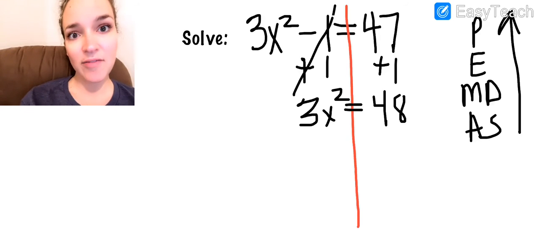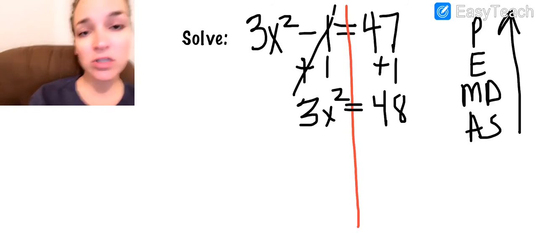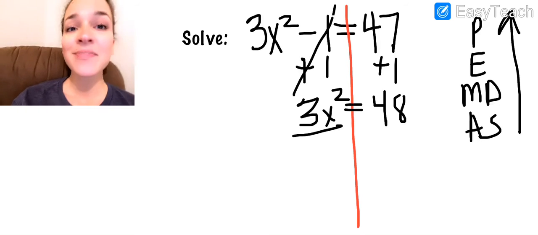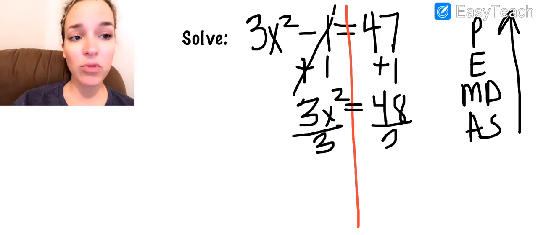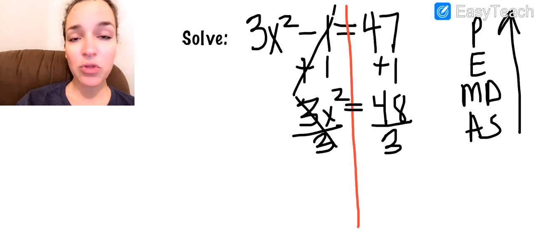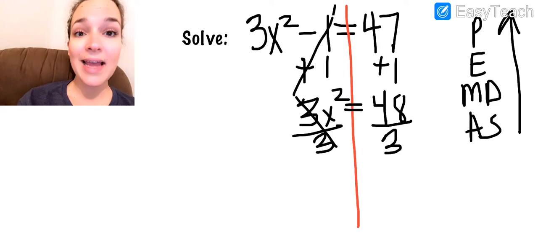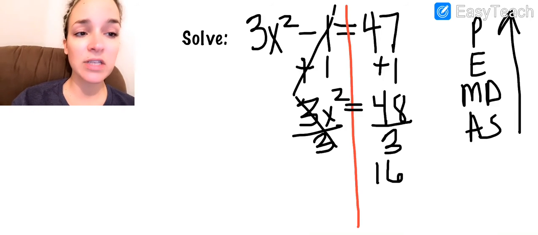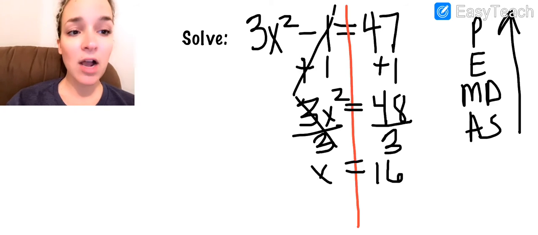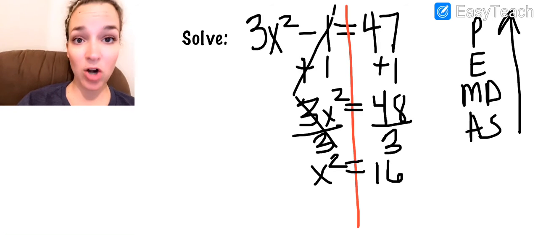So to undo multiplication, I have to divide. So I'm going to divide by 3, and that's going to get that 3 taken away from that left-hand side. Now 48 divided by 3, you could work that out, and that should give you 16. So now all I have left is x squared equals 16.